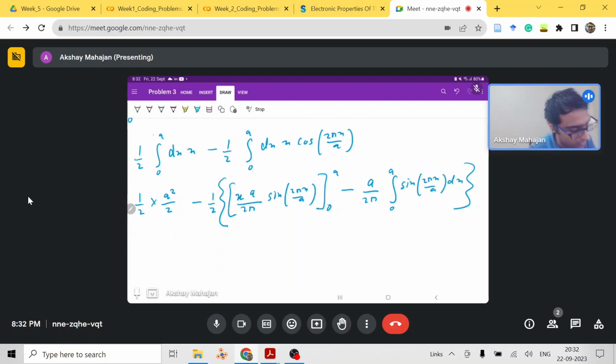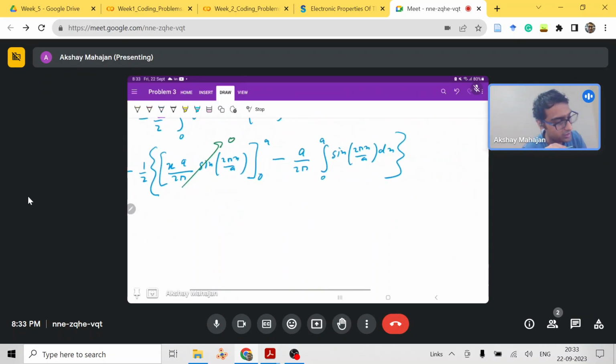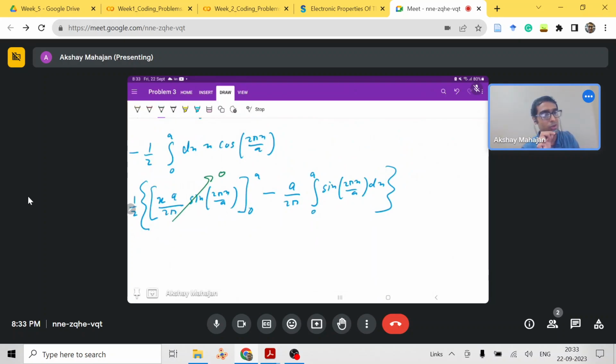Alright, now at the limit if you put a, it will be sine 2 pi, which will be 0. So this term will be 0, and this integral, if you solve it, will give you a cosine function, cos of 2 pi x by a. So this integral will be equal to a upon 2 pi cos of 2 pi x by a with a negative sign outside, from 0 to a.